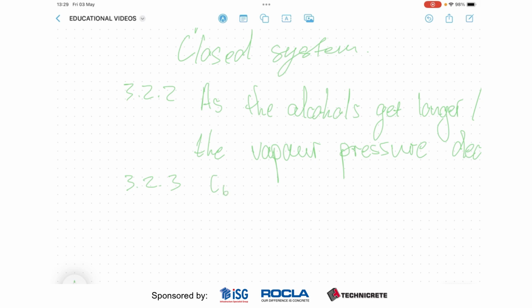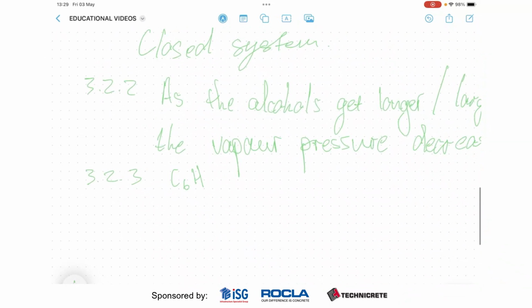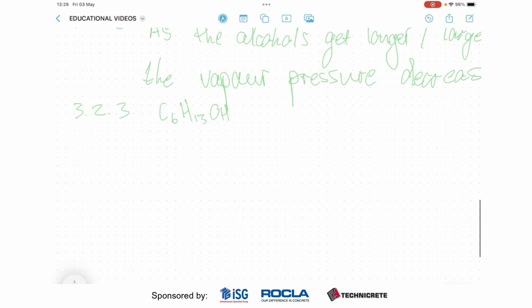So we have C6H13OH. Assuming a straight molecule, no branching, and assuming a primary alcohol, we are going to have something like this: 1, 2, 3, 4, 5. That's our molecule. So we have 1, 2, 3, 4, 5, 6 carbons, and then our OH group.